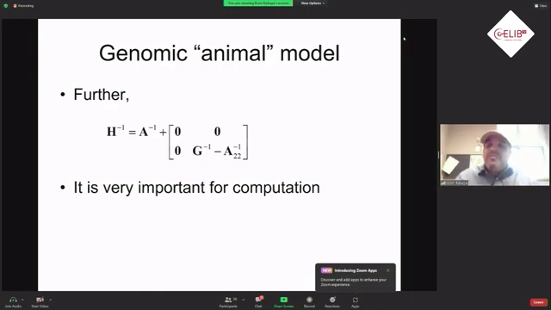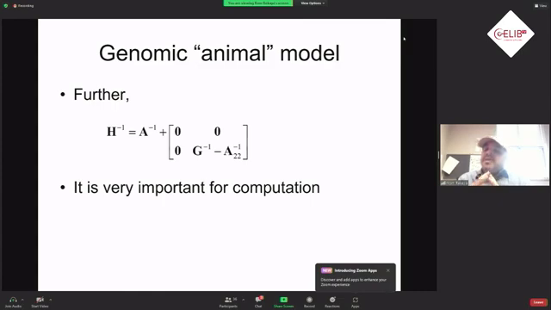Because the genomic information didn't bring anything additional to the pedigree information to track the additive relationship between the animals. The more divergence between the genomic information and the pedigree in tracking the additive relationship between genotyped individuals, the more H minus 1 will diverge from A minus 1. Is it clear? Yes. So that's the advantage of H.